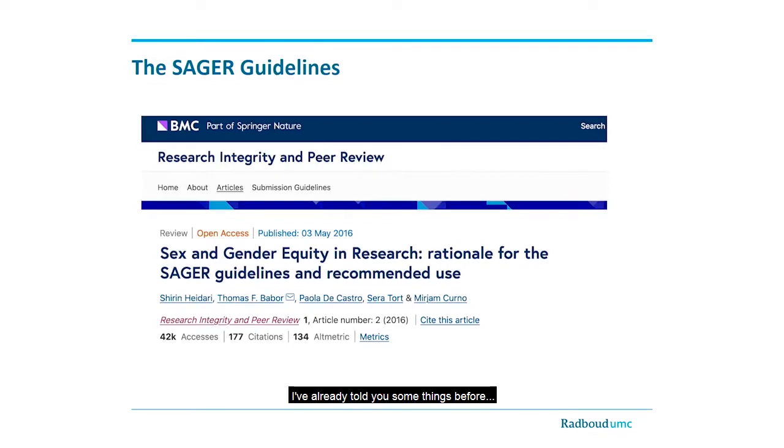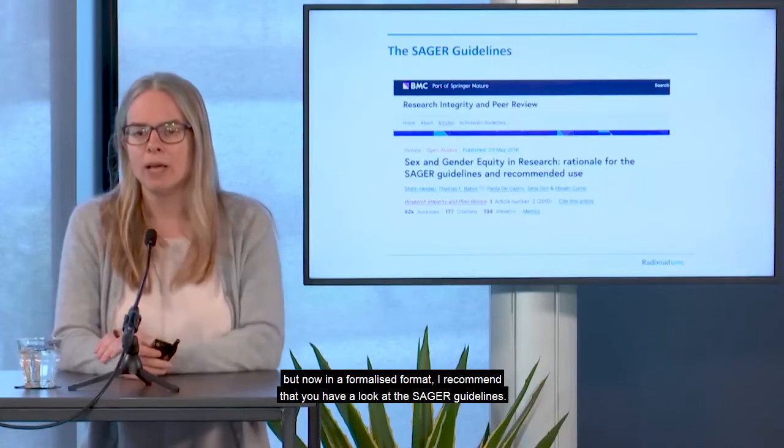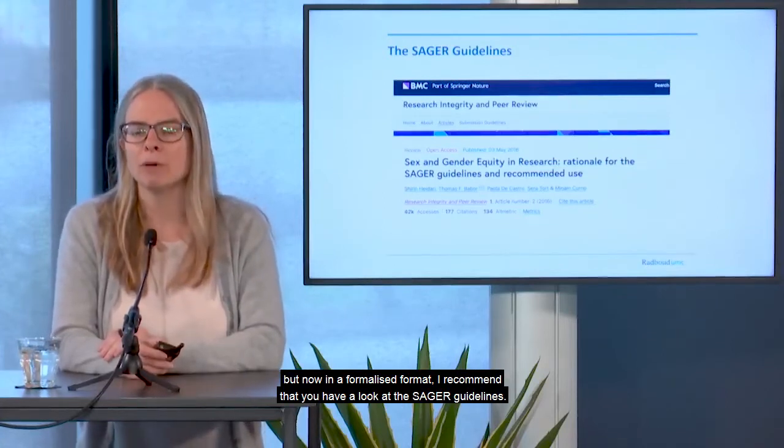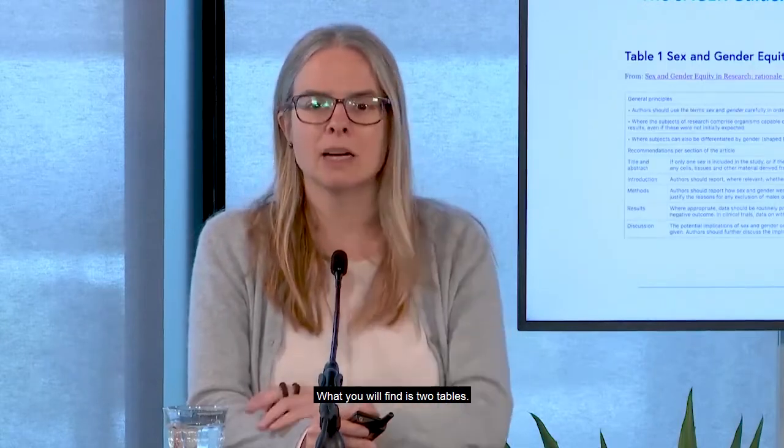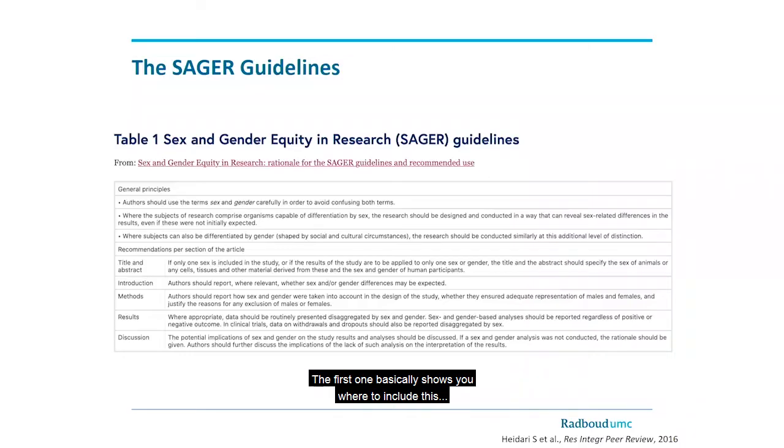I've already told you some things before, but now in a formalized format, I recommend that you have a look at the SAGER guidelines, and SAGER stands for Sex and Gender Equity in Research. What you will find is two tables. The first one basically shows you where to include this, and what they're asking for in the paper is that you offer a rationale, you have a clear understanding of what the concepts of sex and gender are, which ones you are using and why, and then they show you at what layers of the paper you should be saying what.